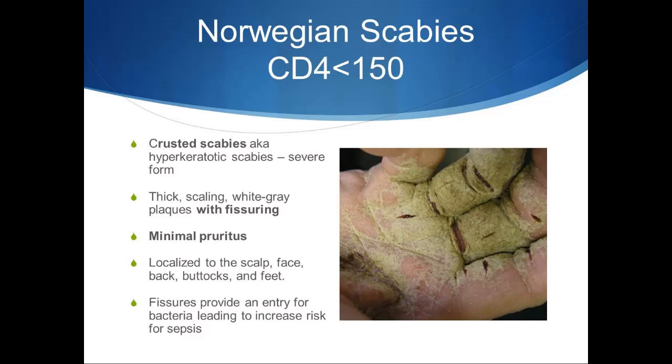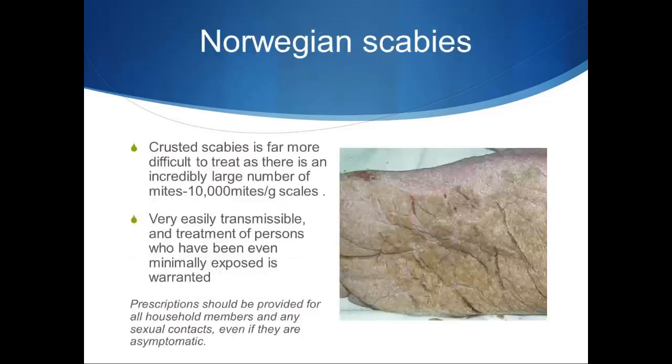These fissures are very problematic because they provide an entry for bacteria, leading to increased risk of sepsis in these patients. Norwegian scabies is very hard to treat and very contagious. Why is that? Because it contains an incredibly large number of mites, like 10,000 mites in every gram. So it's very easily transmissible, and anyone who was in contact with this patient, whether symptomatic or not, should get treated.